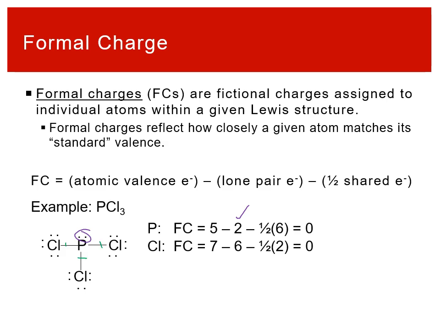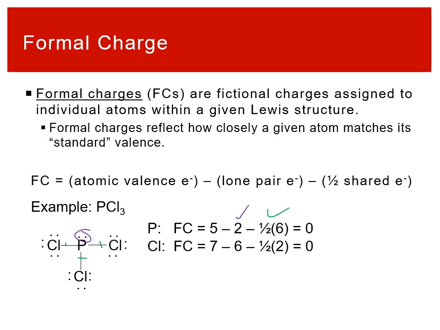That is 6 total bonding electrons. So minus 1/2 times 6, for the 3 electrons that it contributed to those bonds. And so we can see that the formal charge for this phosphorus in this molecule is 0, because it's 5 minus 2 minus 3. Phosphorus tends to form 3 bonds and have 1 lone pair, giving it a formal charge of 0.